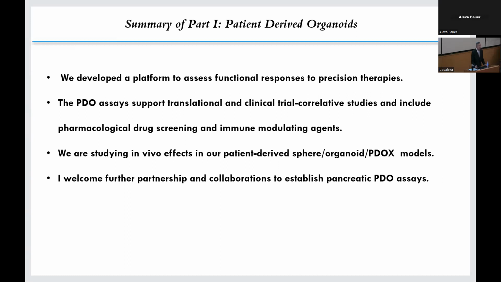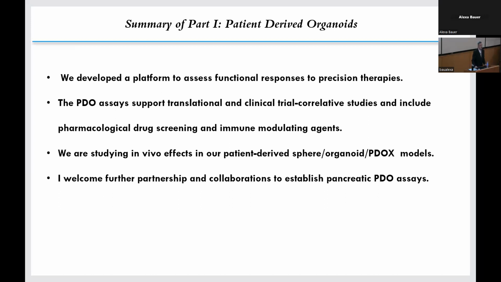I point out we started a partnership with Todd Pitt's lab and the core here on developing a pancreatic PDO assay for looking at tumor progression and for looking at IPMN, which is a benign type of pancreatic disorder that we can develop PDO assays for, to actually prevent the formation of pancreatic cancer.